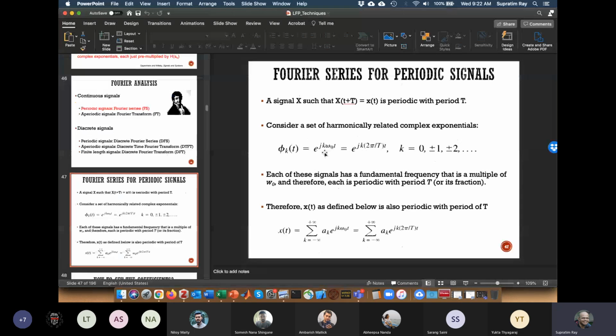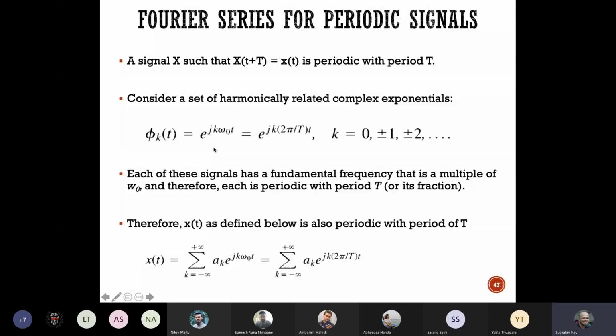So this is my basis function now. I'm going to try to divide my signal as a linear combination of these functions. Notice that here omega naught is just 2 pi by T. So this is the fundamental frequency.